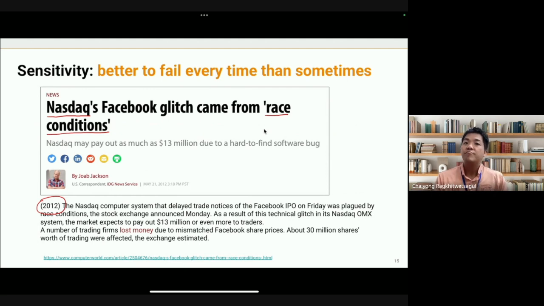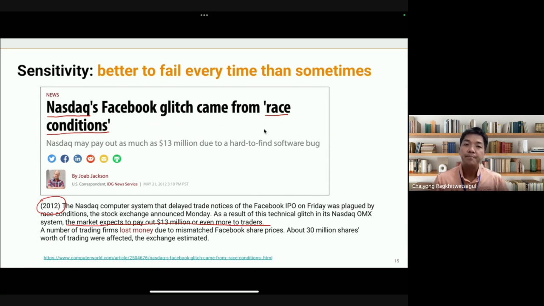The software had some unpredictable behaviors, and some wrong results were created. So some people received more stocks than they were supposed to, and some people didn't get the stock that they requested.